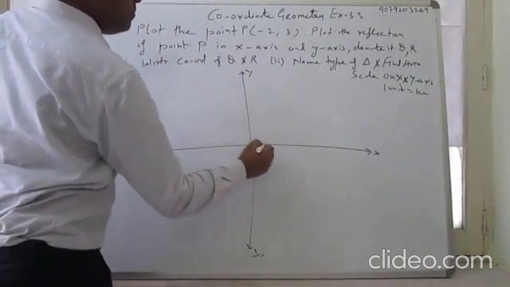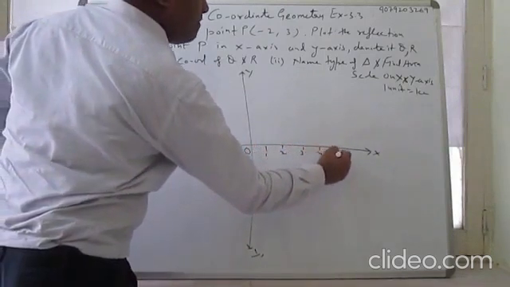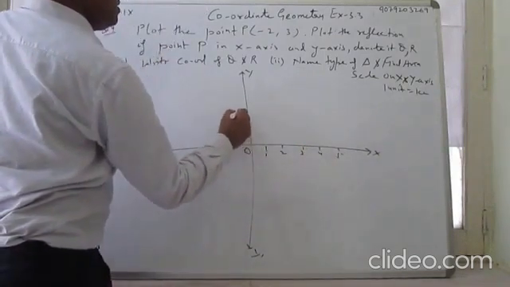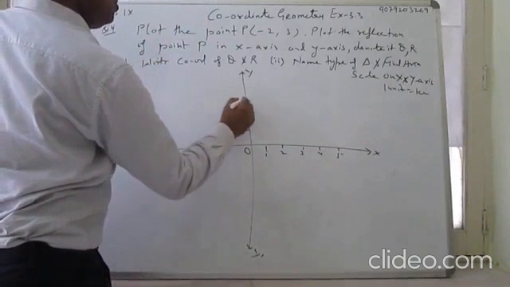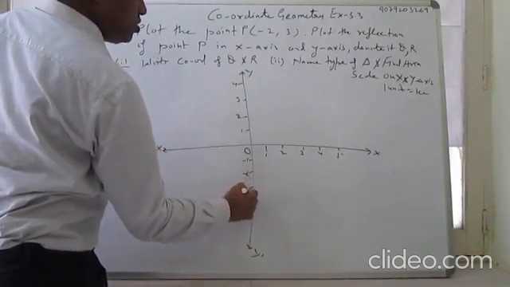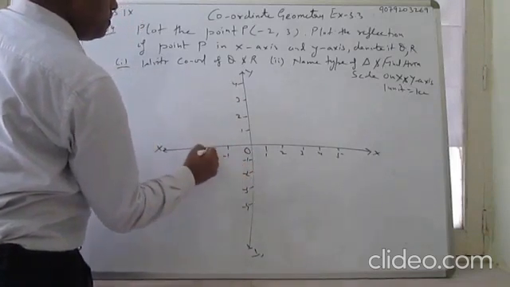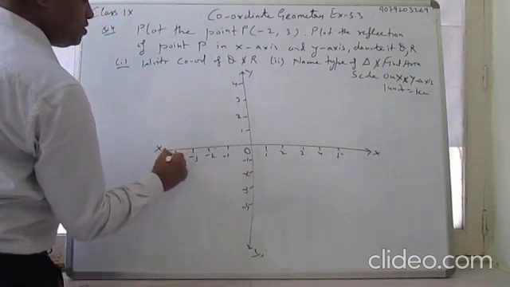This is the intersecting point 0. Then 1, 2, 3, 4, 5, and -1, -2, -3, -4.